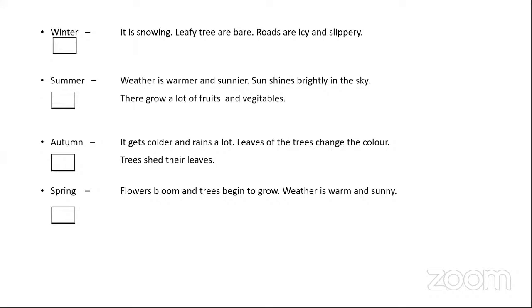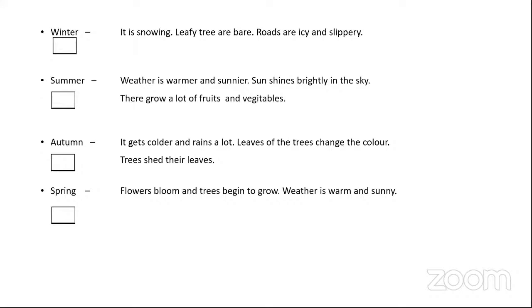Again, it is snowing. Leafy trees are bare. Roads are icy and slippery. Put the number. Think about the picture 1, 2, 3, and 4 and put the correct number of the picture.